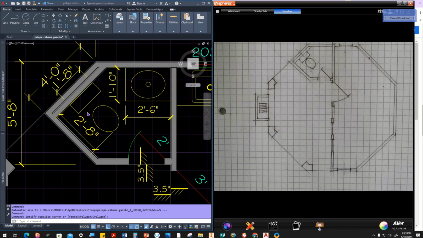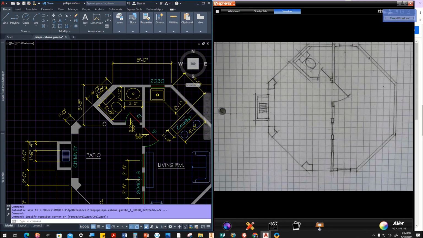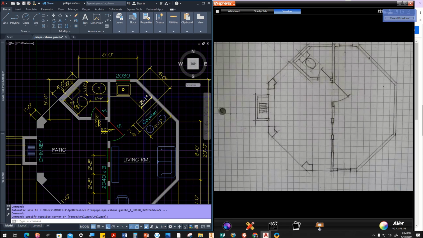Next, we have a cabinet. Yes, that's the attitude. 2 feet 6 by 1 foot 10. Notice that this is a cabinet for a restroom, while you have a cabinet for a kitchen next in the other room, right?